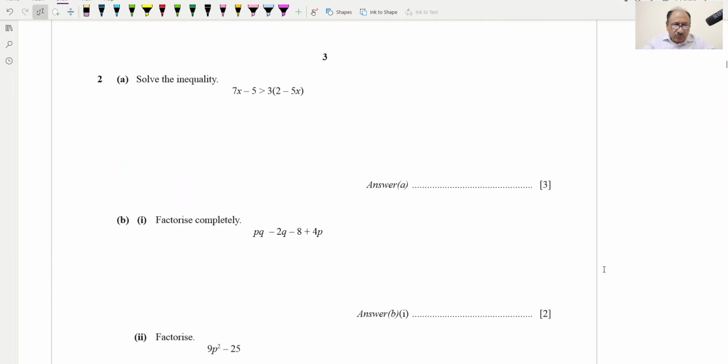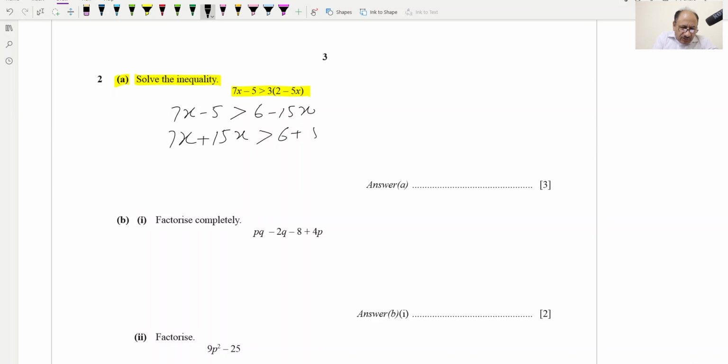Now this is question number 2, and question number 2 says solve the inequality. This is the inequality which is given. So we can open the bracket first. So it will be 7x minus 5 is greater than 6 minus 15x, and further we can shift this 15x to the other side, and this will be 7x plus 15x is greater than 6 plus 5.